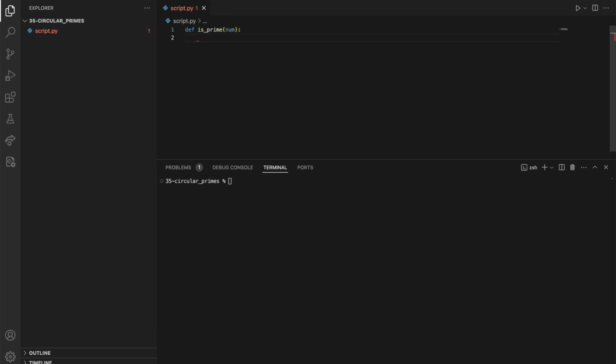So if the number is less than 4, it's only going to be prime if it's 2 or 3, which is if the number is greater than 1. Okay, then we're going to check if the number is divisible by 2 or divisible by 3 for the optimized primality test that I will be using.